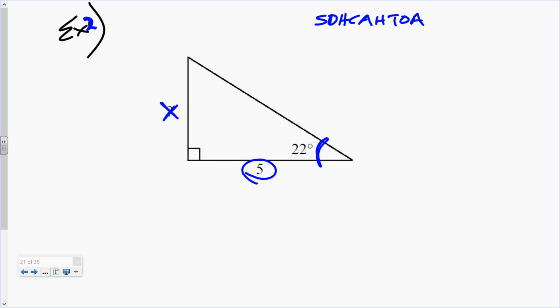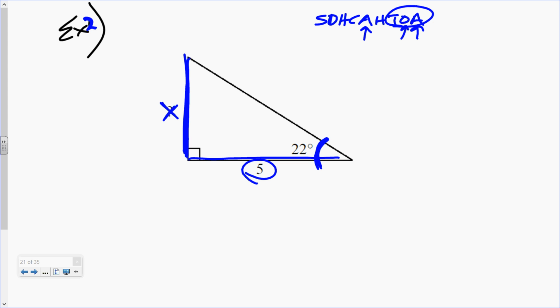It's touching 22. So it's going to be between cosine or tangent. Let's keep going. What else do I need to find? What side is this in relation to 22? It's opposite to 22, so I'm using tangent again.